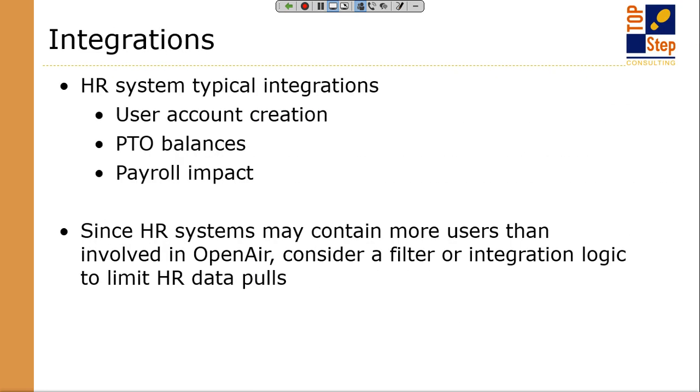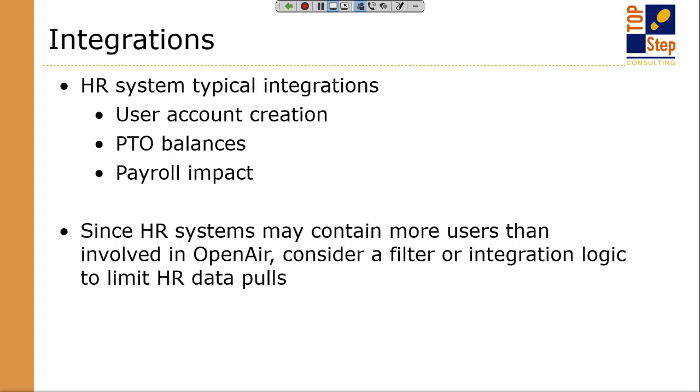HR systems. This is not something we see very often, but it does work pretty well when integrated with OpenAir. You can use it for account creation, so you're not having to create users in OpenAir. All your users are being created in your HR system, typically by your HR team. You can use it to track PTO balances and any other payroll implications that you have in terms of the time that people are putting into OpenAir.